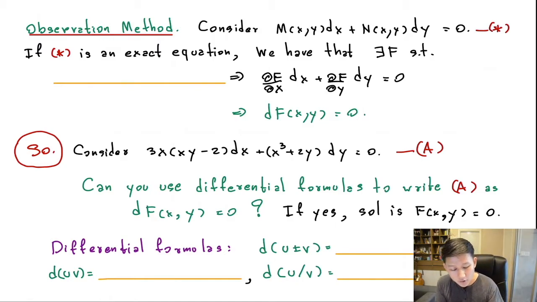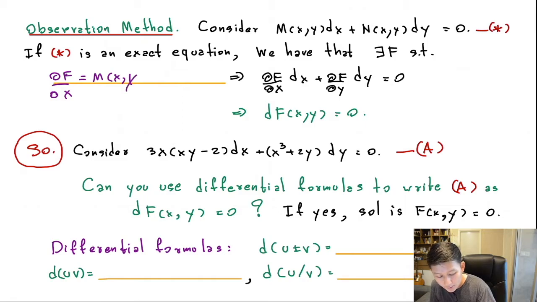Let's first consider this equation. When this equation is an exact equation, we have that there's a function f such that df by dx is M x y and df by dy is N x y.